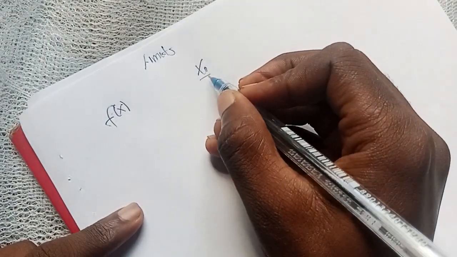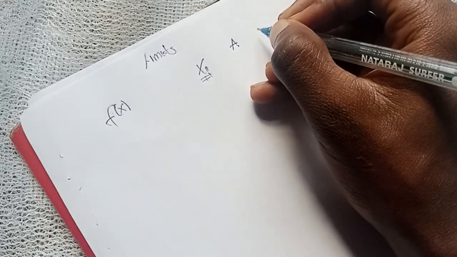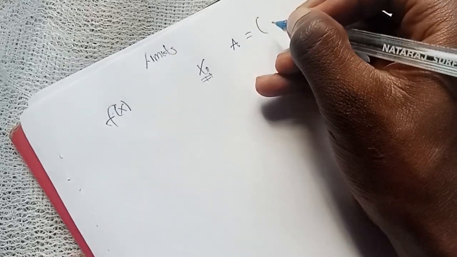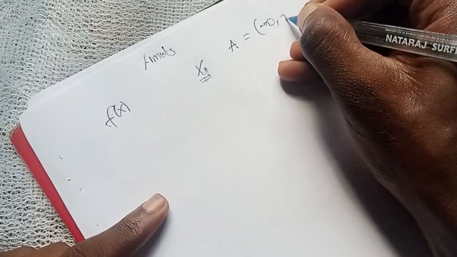So what will be happening is that f of x gets arbitrarily close to L. What I mean is, let's say you have an interval, let's call that interval A. This interval is an open interval. Maybe this interval is from negative infinity to infinity.